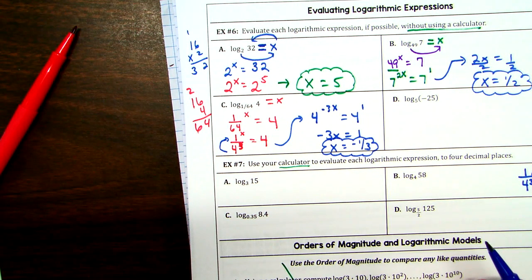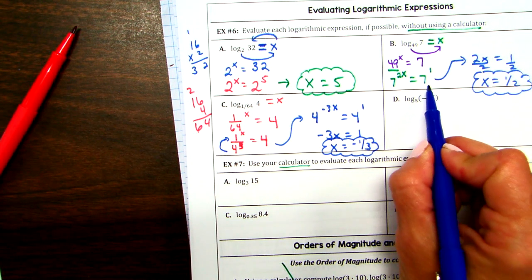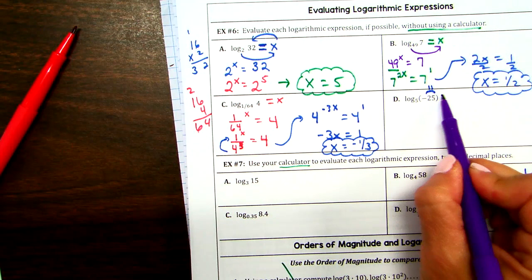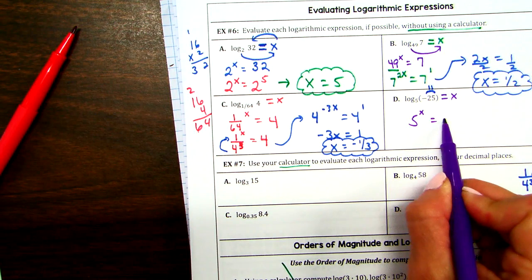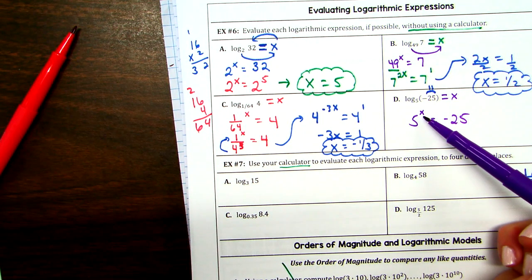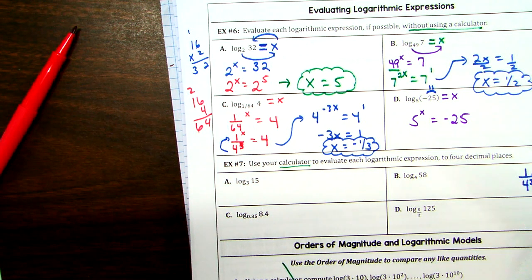Okay? Here's why, remember I said this number can never be negative. Here's why. 5 to the power of x equals negative 25. There's nothing I can make this x to get a negative number. Think about it. We know 5 squared is 25.